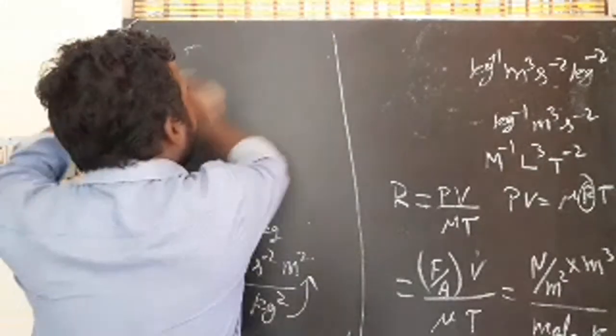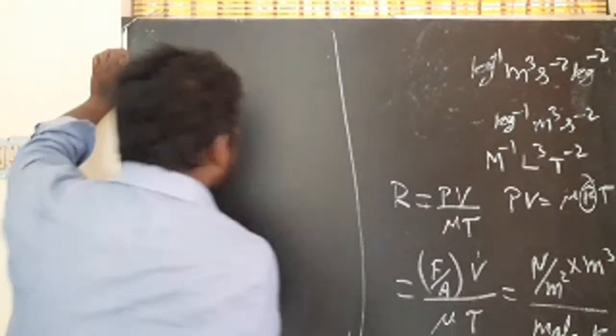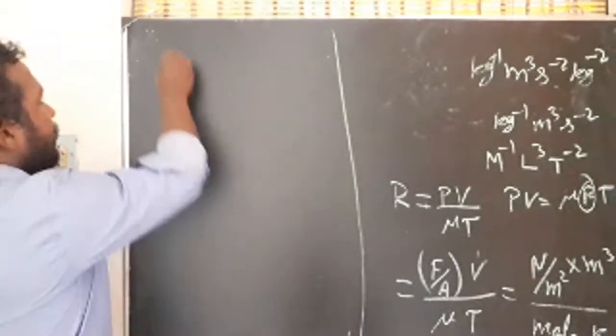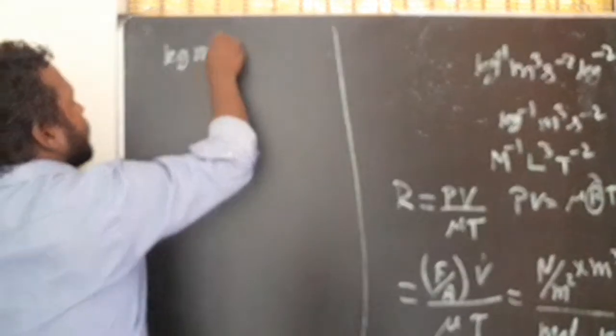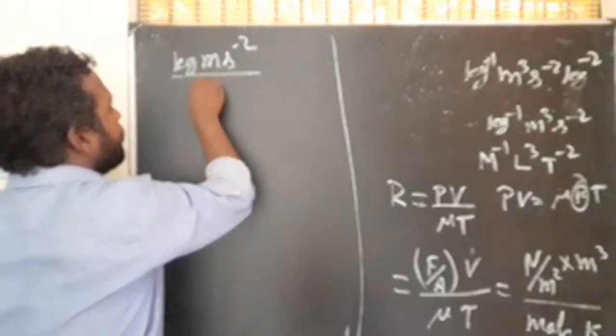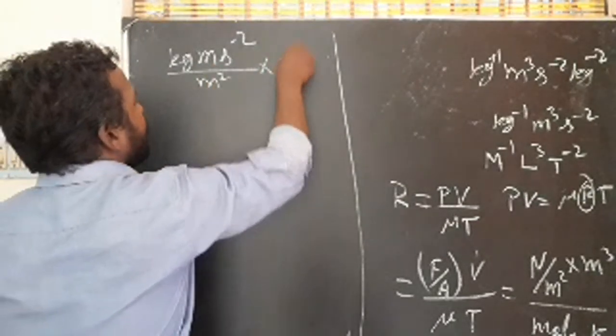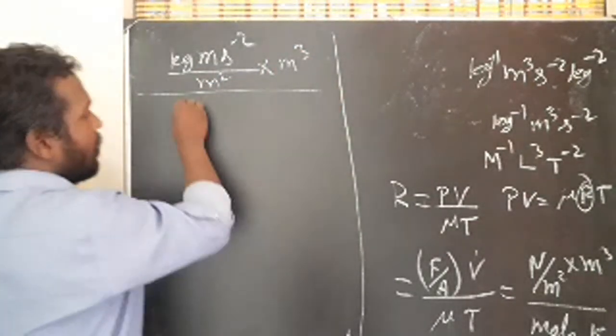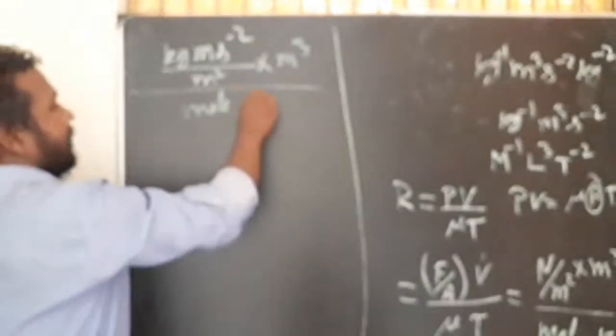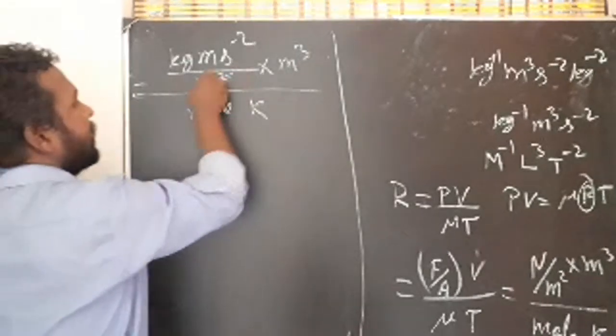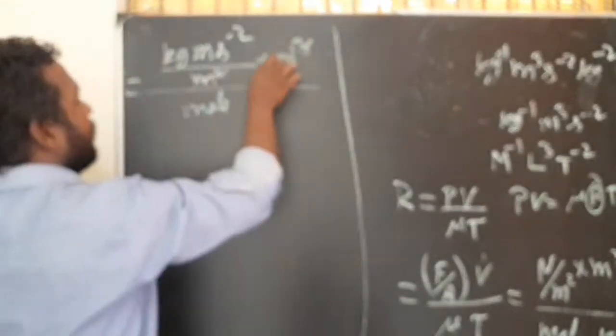I am starting from the very basics and then solving the unit. Newton is kg meter second minus 2 divided by meter square, into meter cube, whole divided by mole Kelvin. Now meter cube and meter square cancel, leaving one meter.